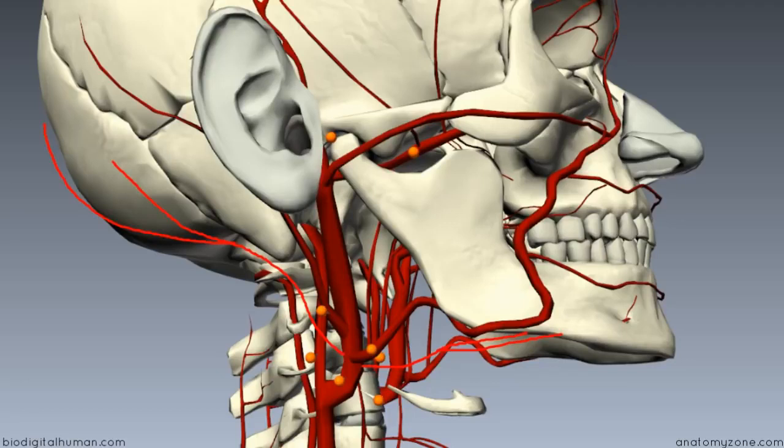If we start off with the lowest branch, the superior thyroid, the thyroid gland is an anterior structure, so the superior thyroid artery is an anterior branch. Next up we've got the lingual artery. Lingual refers to tongue, and the tongue is an anterior structure, so the lingual artery is an anterior branch. And then we've got the facial artery, so the face is anterior, so the facial artery is an anterior branch.